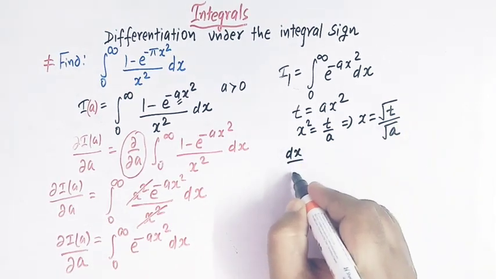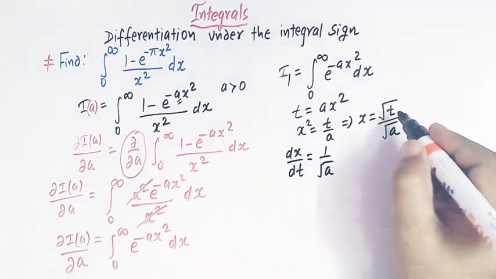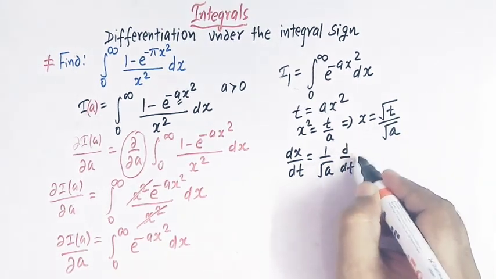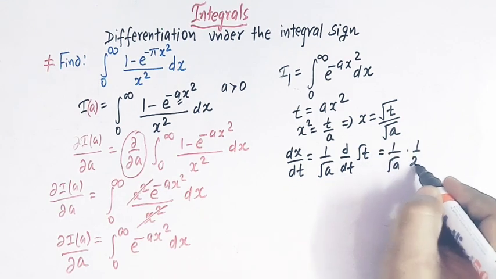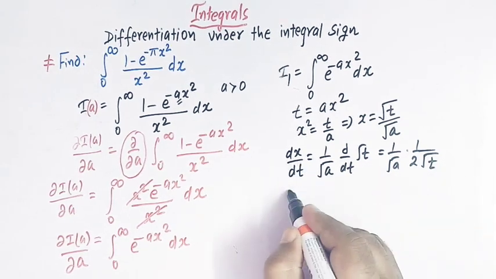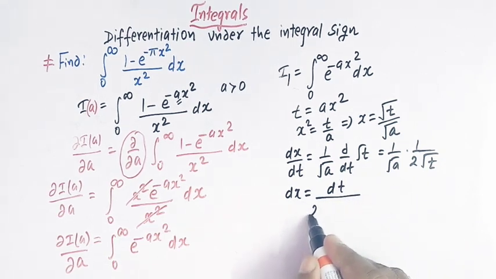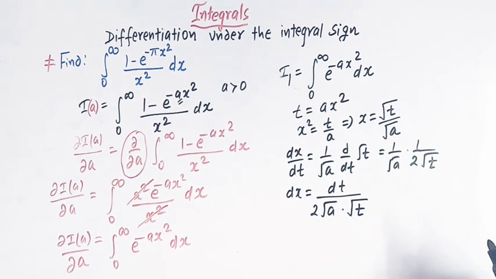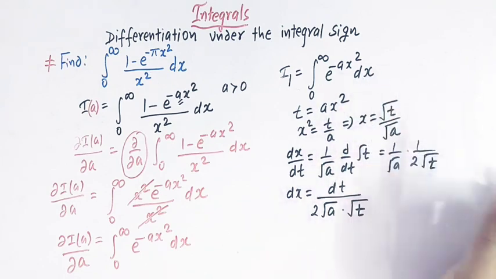So we have dx over dt is equal to 1 over square root of a, and the derivative of square root of t is 1 over 2 times square root of t. So now dx can be written as dt divided by 2 times square root of a times square root of t.